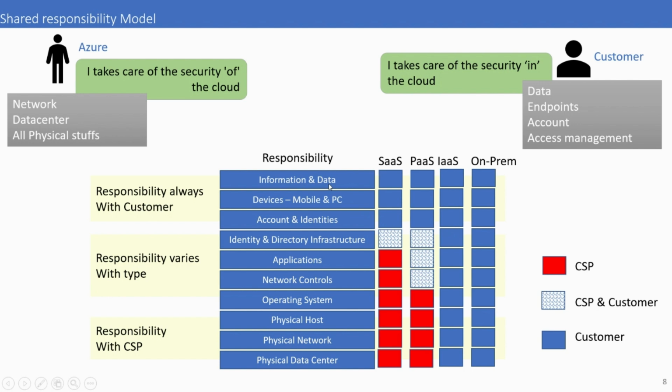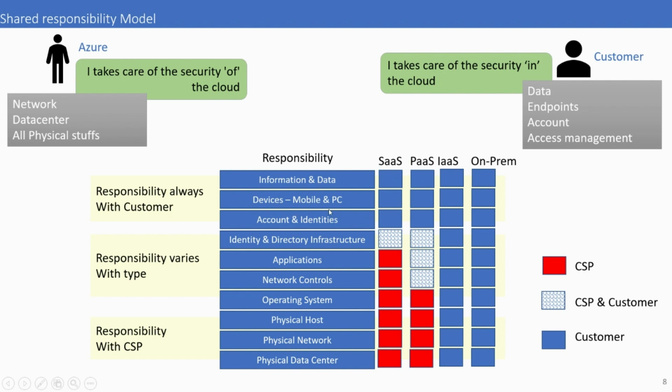They are information and data, whether it is related to software as a service, something like the initial customer data or account and access management, all need to be taken care of in software as a service by the customer. Second, in platform as a service, information and data also need to be owned by the customer. Same thing for infrastructure as a service.